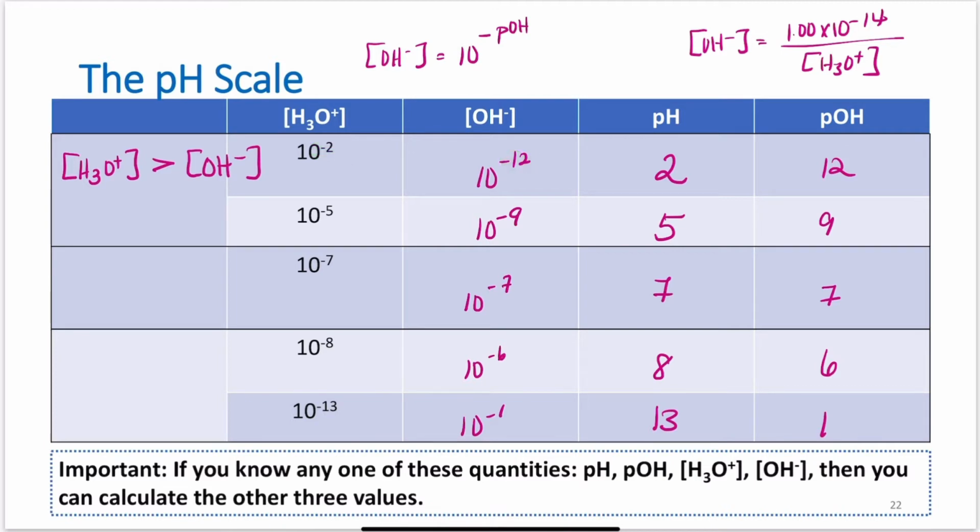Negative 12 is a smaller number because it's negative. So please do not let the negatives throw you off. This is acidic, and the pH will be less than 7. It's acidic because there's more H3O plus ions than OH minus ions in solution.